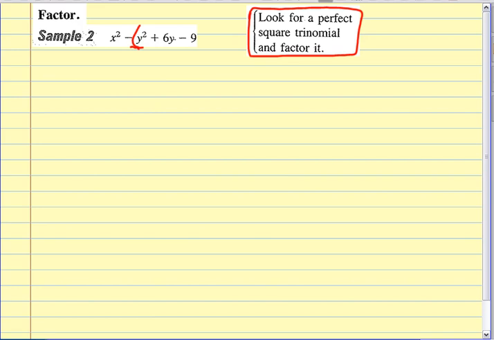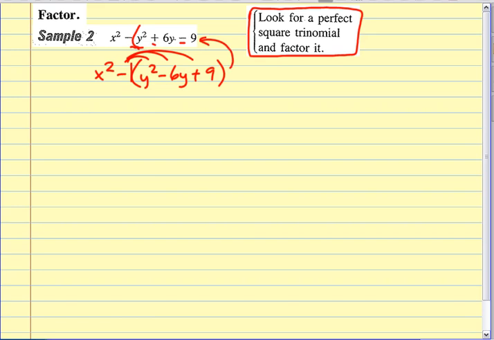So do you see that I've taken a -1 and stuck it out front? What I have to do is change all of these signs. So this is x squared minus y squared minus 6y plus 9, because there's a -1 out there. If I distribute it back in, it would give me this stuff again.